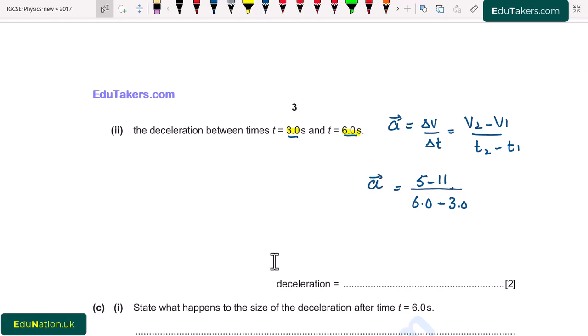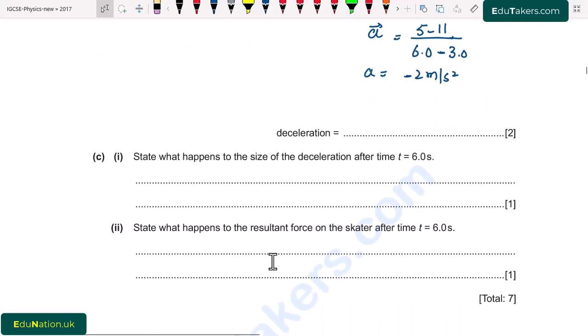So it will be equal to minus 2 meter per second square. The unit of acceleration is meter per second square, and this minus shows that there is a deceleration, means that the speed of the body is decreasing with time. So I write here minus 2 meter per second square.